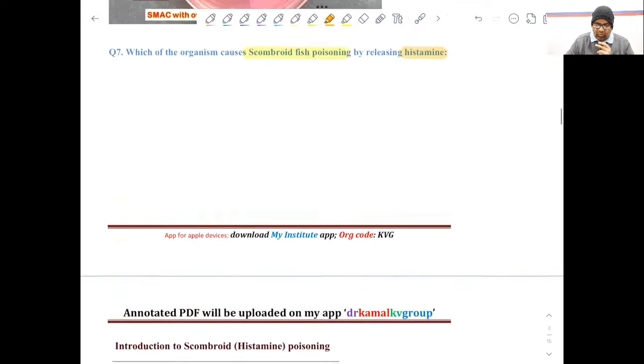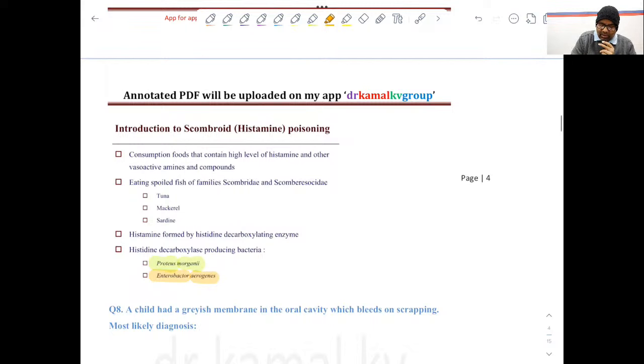They have an enzyme known as histidine decarboxylase, and this is the enzyme needed for formation of histamine. Clear? So this is the enzyme needed for production of histamine.